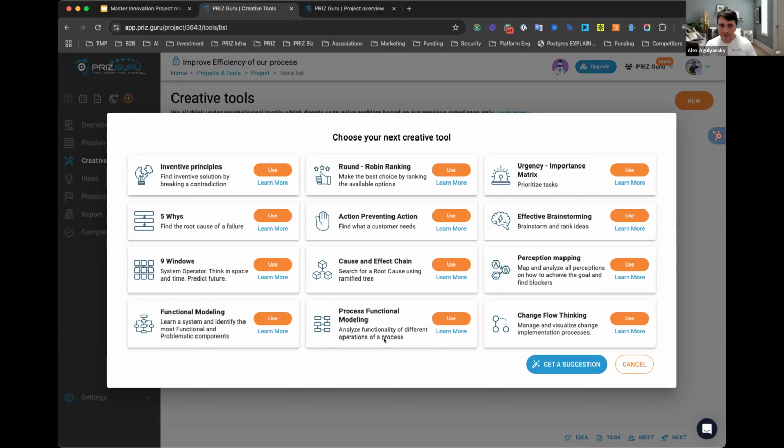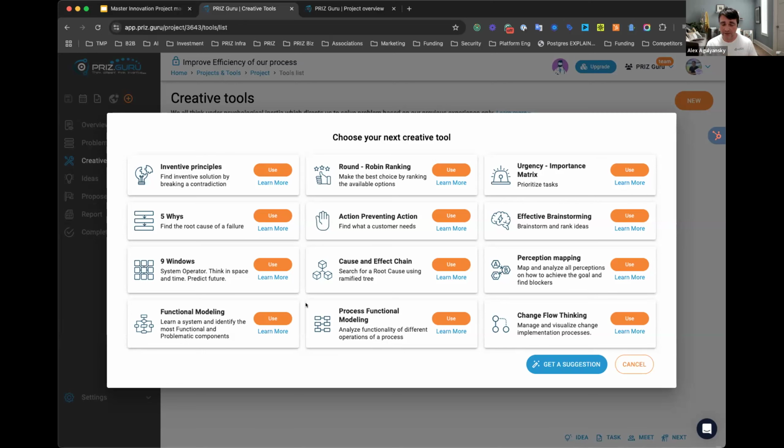Functional model, and of course, process functional modeling. These are two of the most powerful tools in this methodology in general. They help us model a particular system or a step in the process and understand how it works, which components are involved, which functions there are, and which components potentially create the problems that we're seeing, for example the inefficiency.